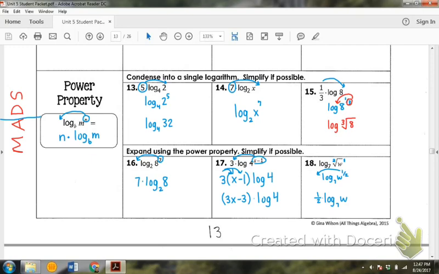Right, we learned that last unit. Is the cube root of 8 a perfect cube? Is there some number times itself 3 times that makes 8? 2, right? So we know that this simplifies really to be log base 10 of 2. Okay? Questions on that part?